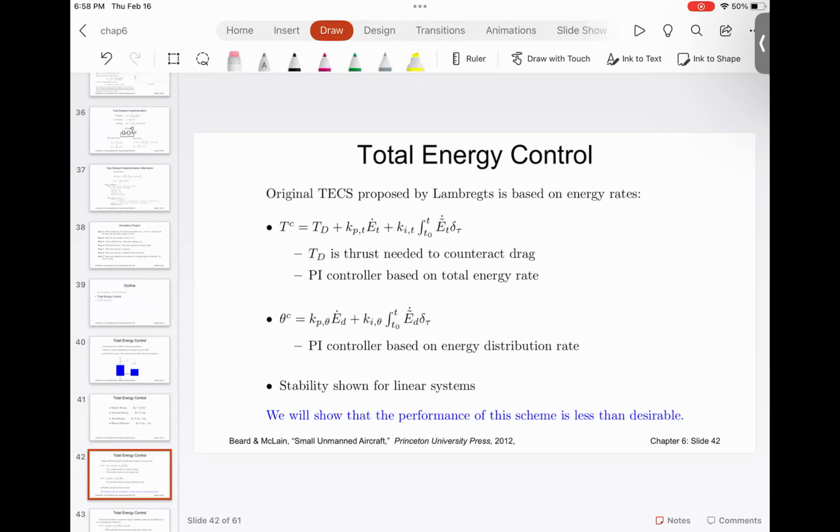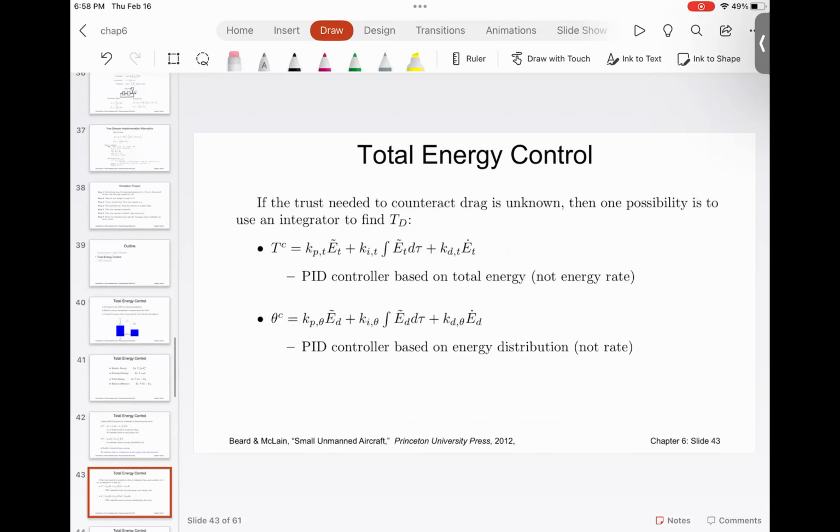But unfortunately, this technique does not work the way we want it, primarily because many times the control functions that you get from applying this could be nonlinear.